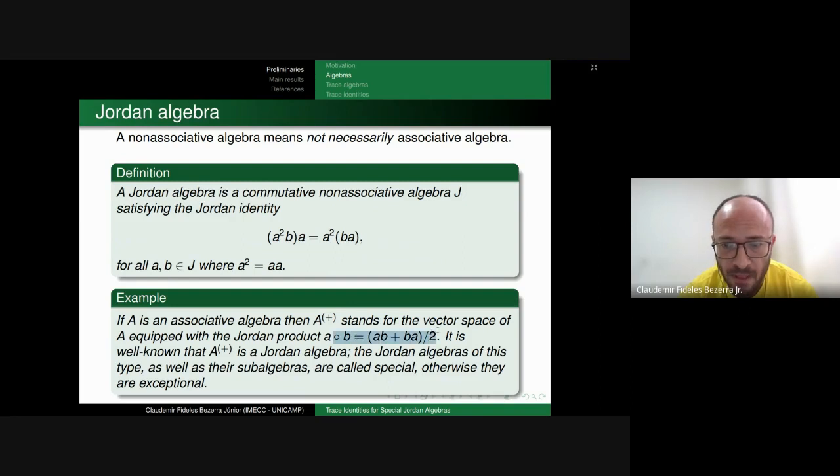It is easy to see that this new algebra is a Jordan algebra. Jordan algebras of this type, as well as their subalgebras, are called special, and otherwise they are exceptional.